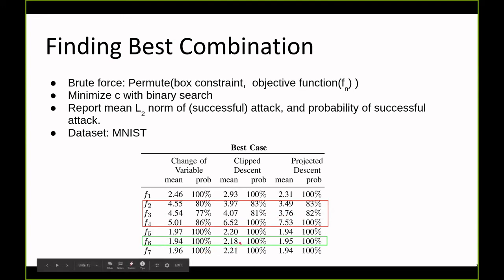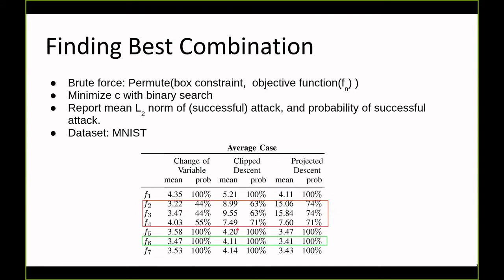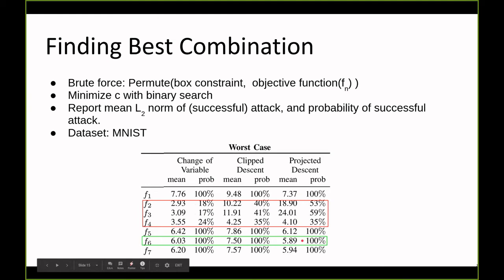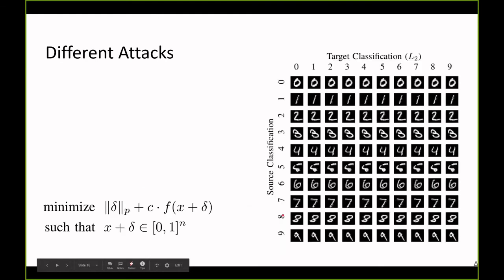It had the lowest mean perturbation, and it always had 100% success rate. Similarly, for the average case, and again, this is averaged over the classes for each image, and then the mean is taken over all of the images. Once again, we see the same trend of these functions having lower success rate, higher perturbations, and F6 doing the best, and again, for the worst case.